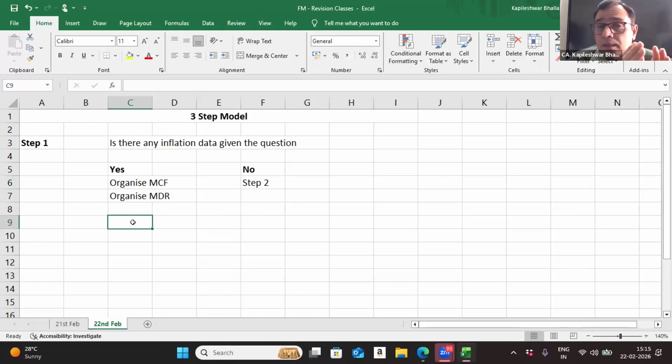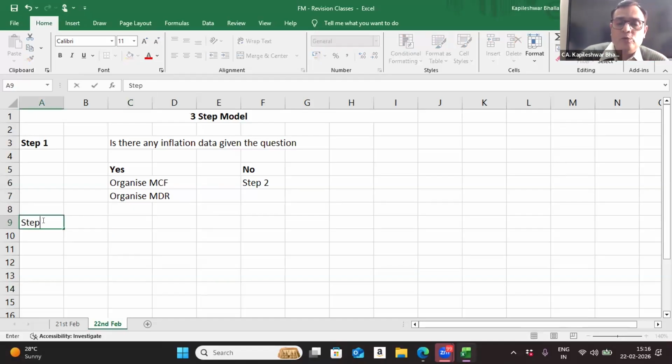But let's say you are given specific inflation rates for, let's say, material, labor, etc. Is it more appropriate to use MCF at MDR, or RCF at RDR, considering that a general inflation rate is given, considering that we're given specific inflation rates for sales, material, labor, etc.? It is always preferable that you organize MCF and MDR. So your first focus in any question will be to see if there is any inflation data given. And if yes, it's better to organize MCF and MDR. Then we'll go to step number two.